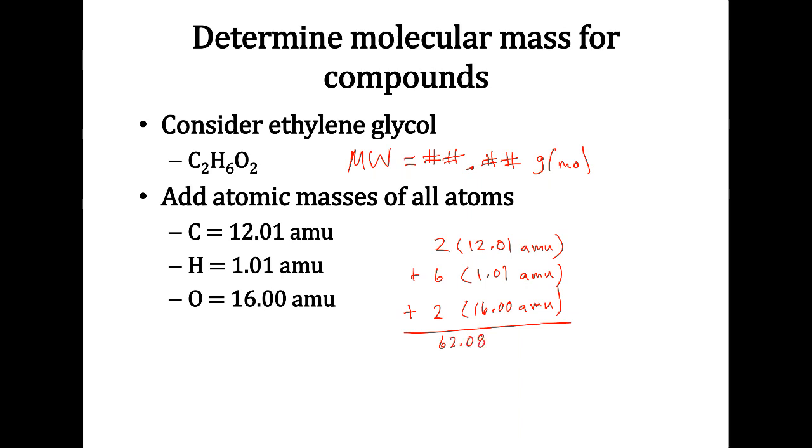Whenever we add all those up together, we should get a molar mass of 62.08 AMU. And just remember, if you see AMU, this is talking about a molecule, the mass of a single molecule. But you can also write that same value, 62.08 grams per mole. And this is looking at 6.022 times 10 to the 23rd molecules.